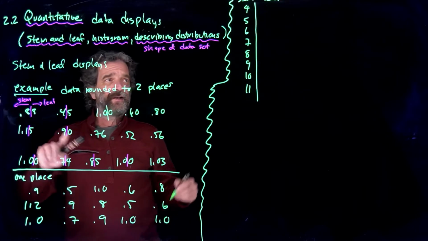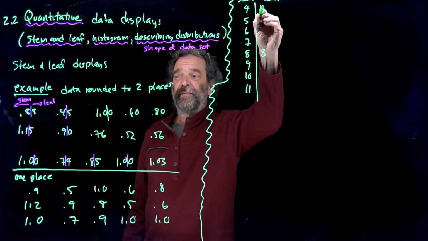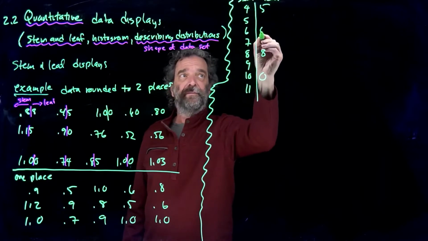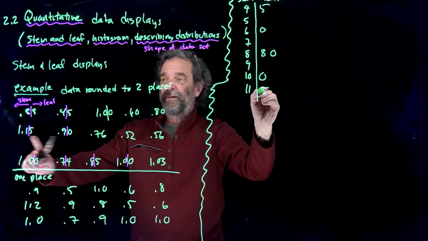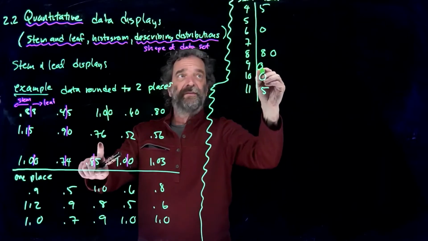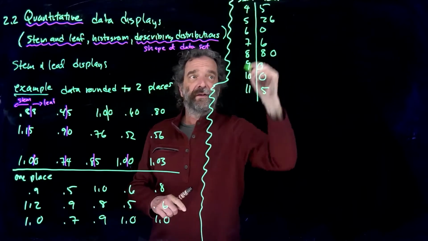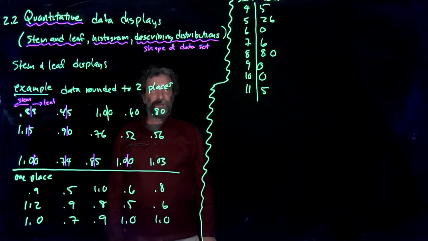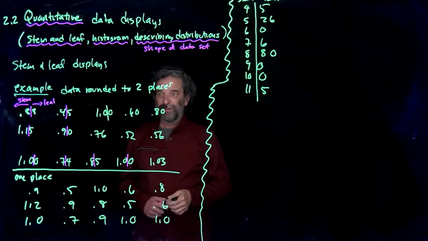So 0.88 looks like 88. And 45. And 10.0. And that's 60, 80, 115, 90, 76, 52, 56. There we go. So that's the graph you would get if you had chosen to round your data to 2 decimal places.